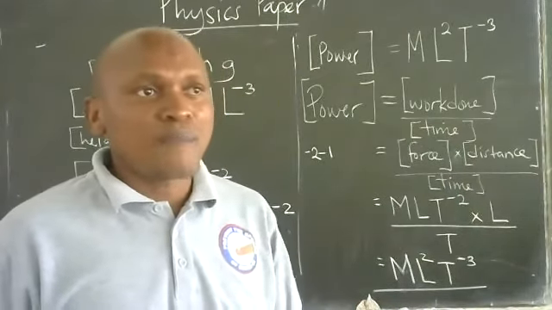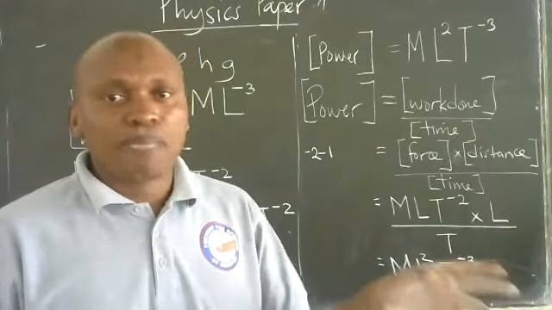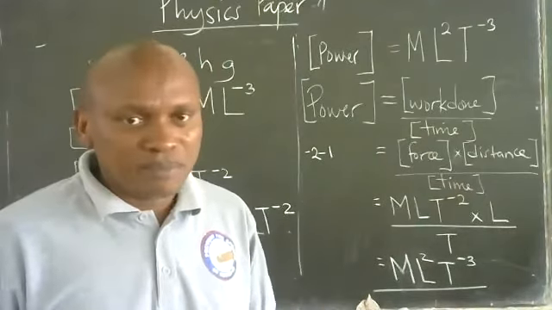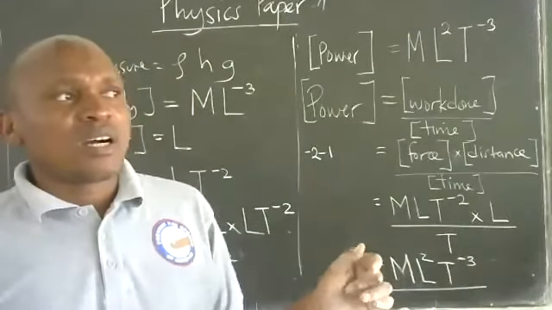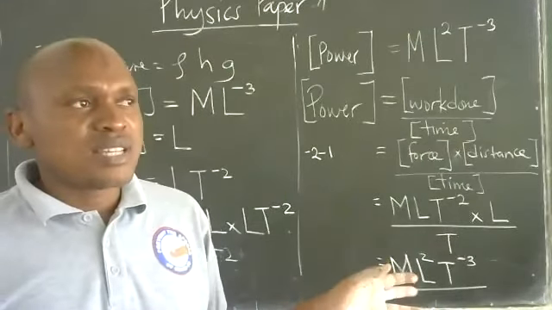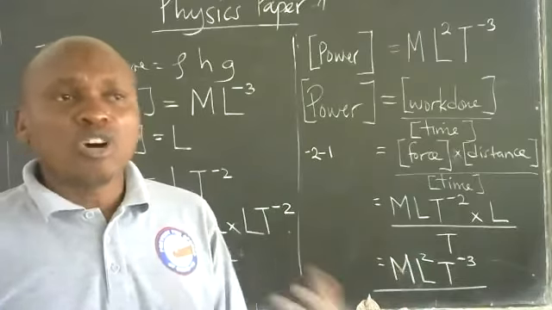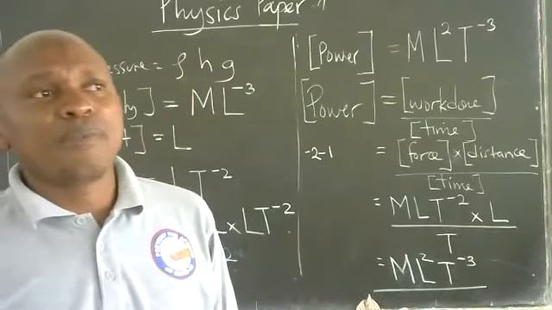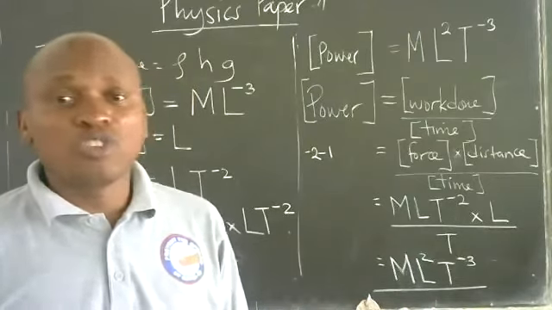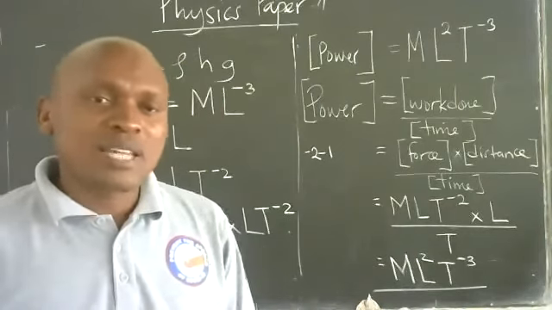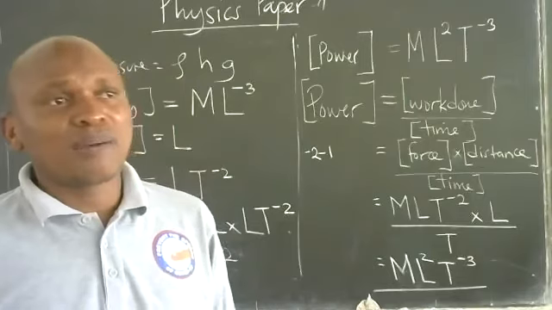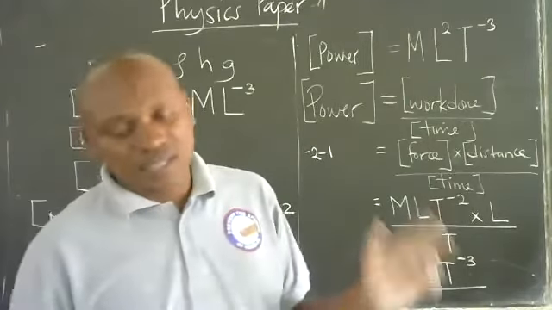Examples, the basic ones, include mass, length, and time. There are others like moles, electricity, temperature. Those can be fundamental, but we don't normally use them in our derivations. That's why we picked the 3 to be the most fundamental: mass, length, and time.